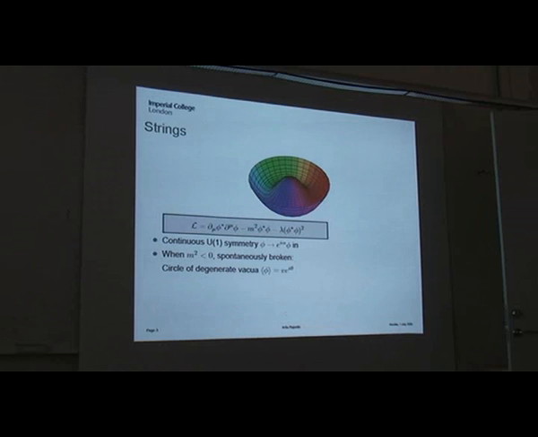So if you have a field configuration that has non-trivial topology, it corresponds to a non-trivial element of the homotopy group, which means you can't continuously transform it to a trivial map, to a vacuum solution. So the homotopy group is just a mathematical way of classifying.